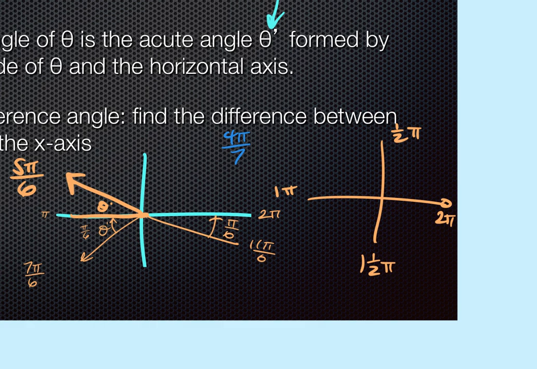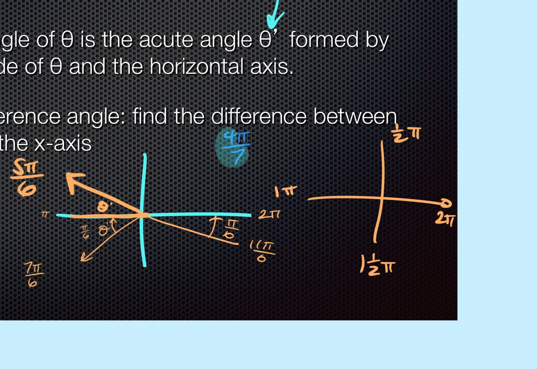So if it wasn't a special angle, the goal is to ignore the pi and look at the fraction. Does that fraction fall between 0 and 1/2, 1/2 and 1, 1 and 1 1/2, or 1 1/2 and 2? So 4/7 falls in which of those ranges? It's in between 1/2 and 1. Does that make sense? What would be 1/2 of 7? 3.5 over 7 would be at the half mark, right?